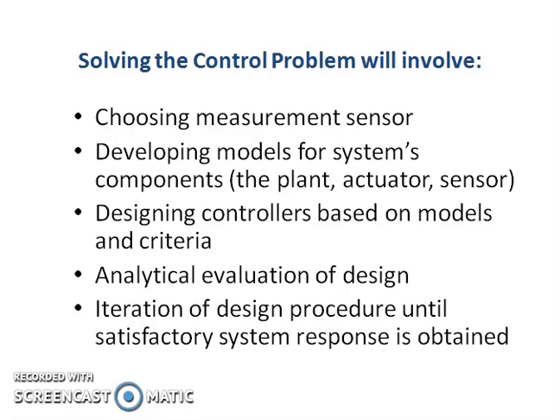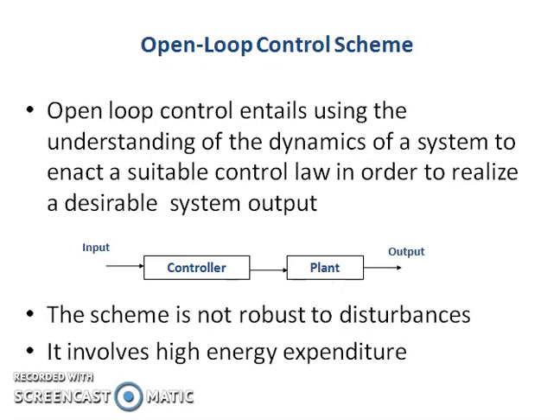Designing controllers based on models and criteria; 4. Analytical evaluation of the control design; and finally, iteration of the design procedure until a satisfactory response is obtained. This defines the problem and how to obtain solutions to the problem.